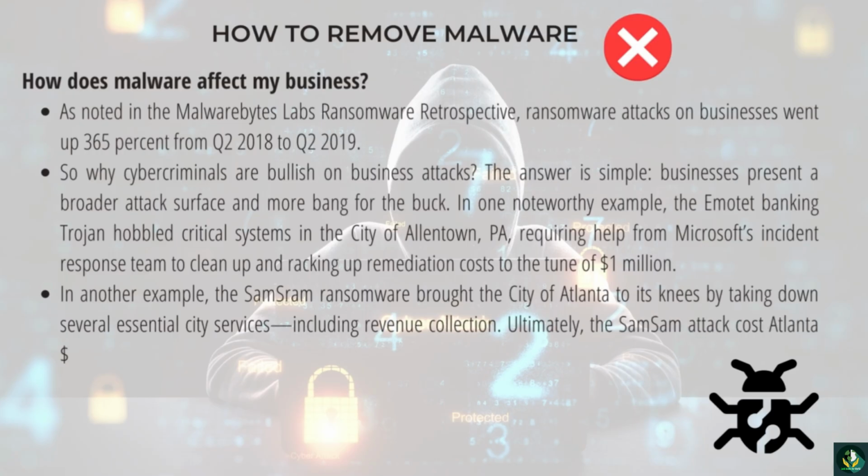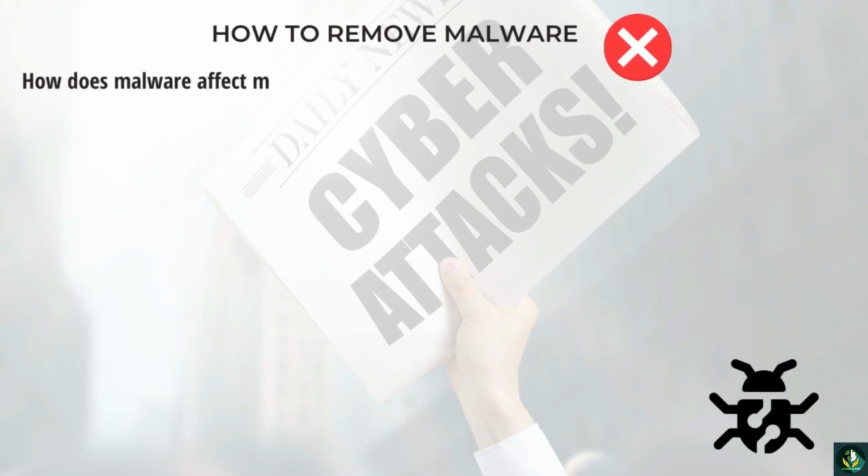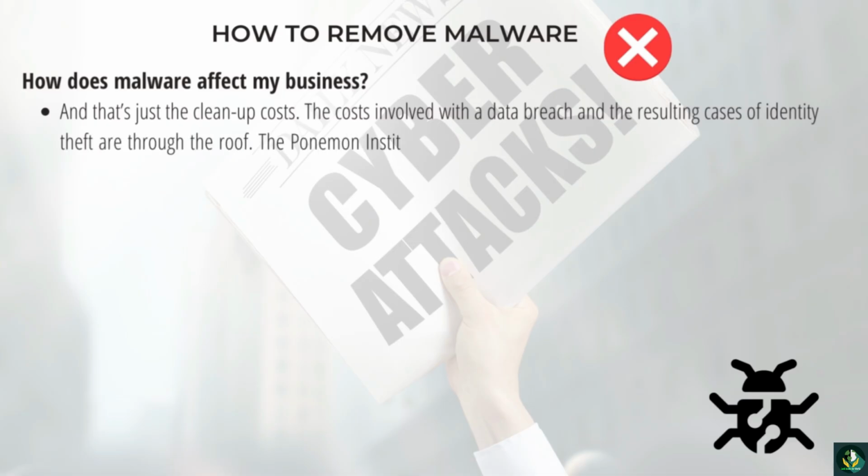Ultimately, the SamSam attack cost Atlanta $2.6 million to remediate. And that's just the cleanup costs. The costs involved with the data breach and the resulting cases of identity theft are through the roof. The Ponemon Institute's 2019 Cost of a Data Breach report pegs the current average cost at $3.92 million.